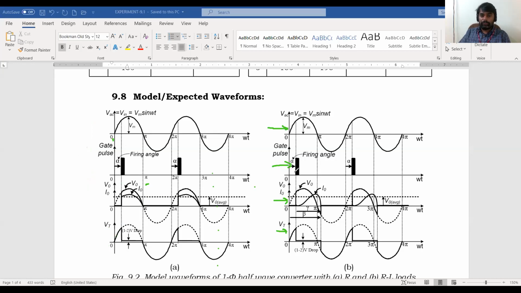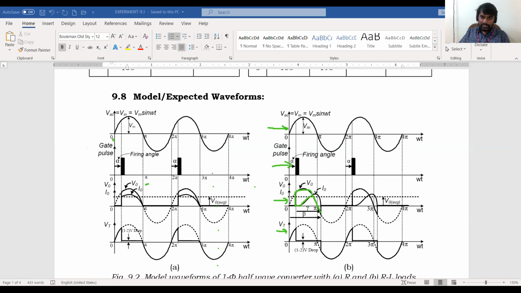At omega t equal to alpha, you give the triggering pulse to the SCR. From this point on, the output voltage follows the input voltage, no doubt. But we don't know up to what extent it will follow the input voltage. That depends upon the load current, which flows through the load and is the same as the thyristor current. In the case of an RL load, resistive and inductive, the current has to lag the voltage by some angle.